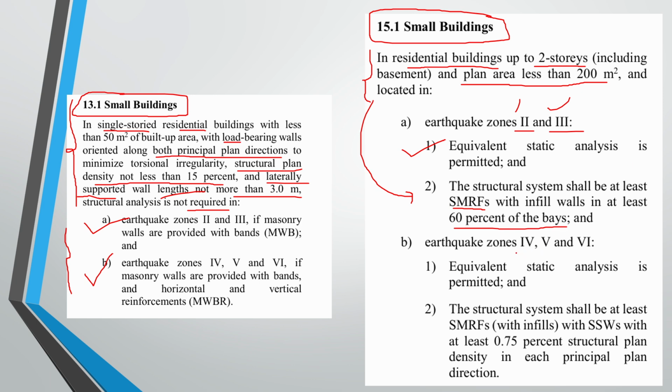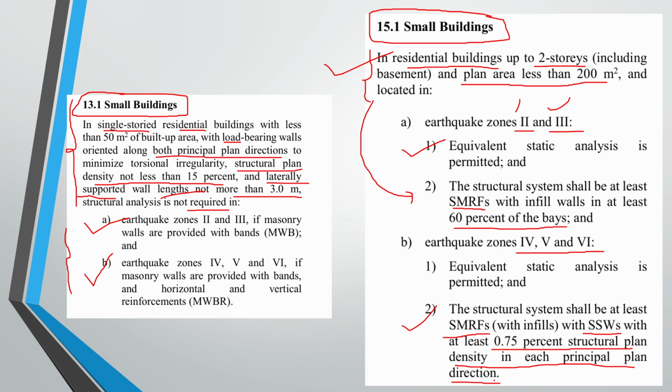And if you want to perform the equivalent static analysis in zone 4, 5, 6, this is the first requirement. That means up to two-story, less than 200 meter square, type of building residential. Along with that, again SMRF, special moment resisting frame with structural walls with at least 0.75% structural plan density in each principal plan direction.